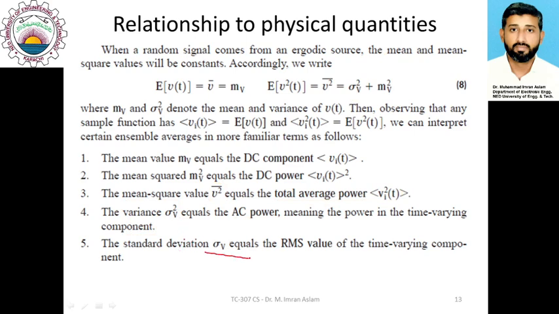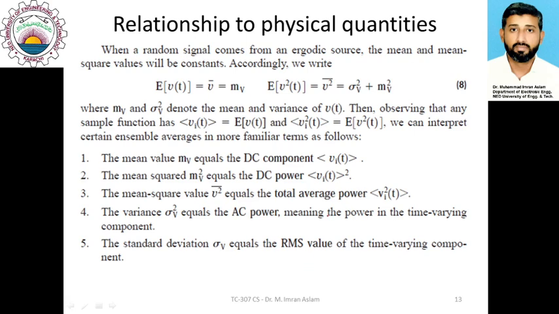Similarly, if we calculate the standard deviation, which is the square root of this variance, that will give you the RMS value, or root mean square value, of the AC component of the signal. If you recall, at an initial stage I also mentioned that the power in noise is illustrated by its variance.